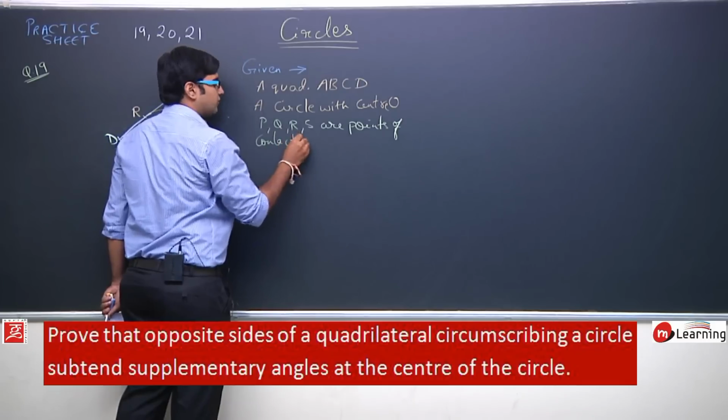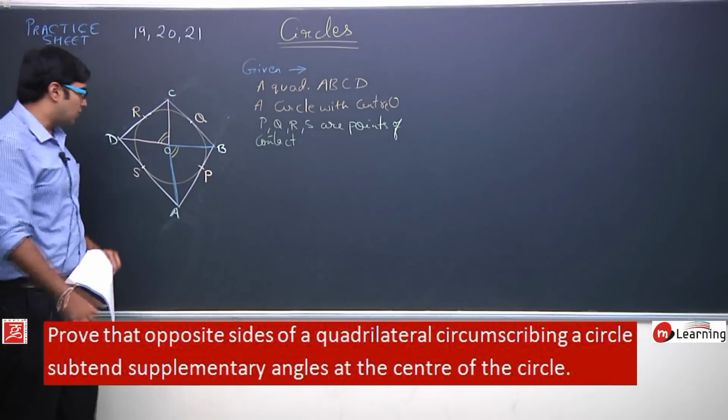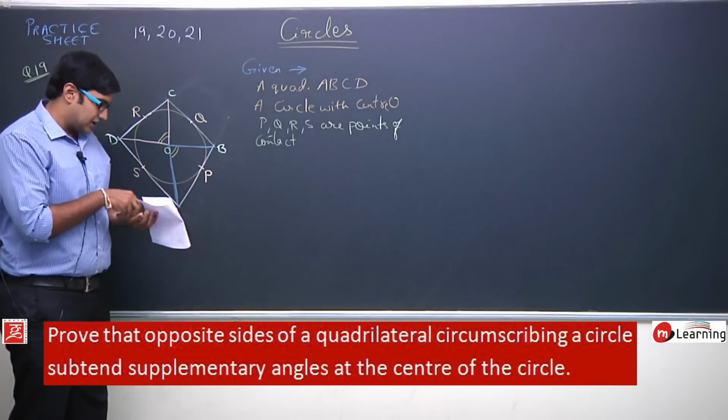So these four are the points of contact of this circle. This is what the given condition is.